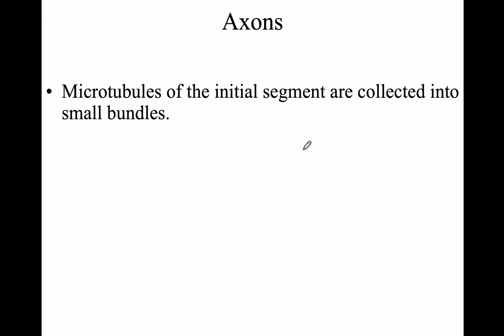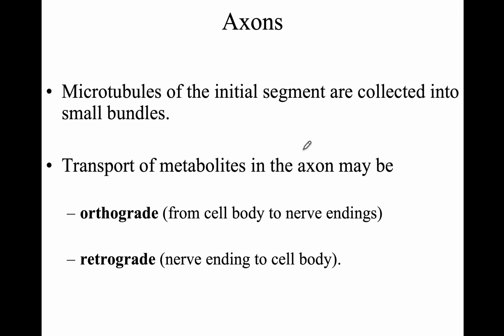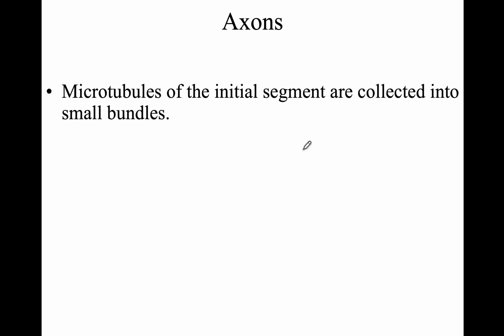As I said, the axon contains microtubules, and these are very important in the transport of metabolites inside the axons. There are two types of movement in the axons. We have anterograde, which is from the cell body to the nerve ending, and retrograde, from the nerve ending to the cell body.